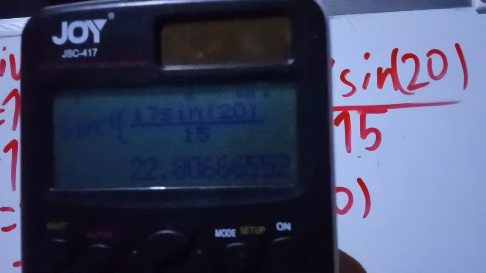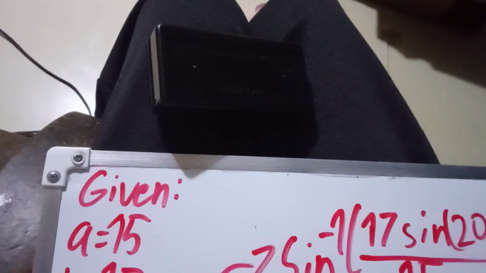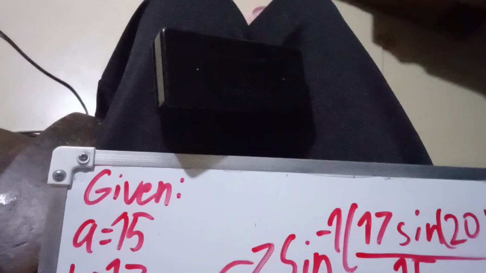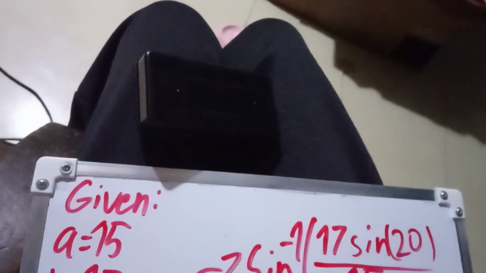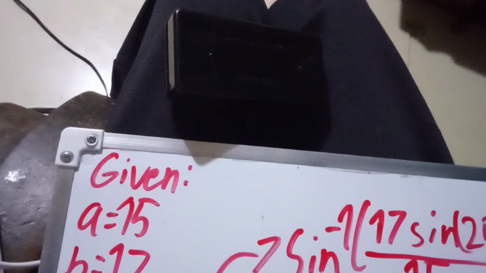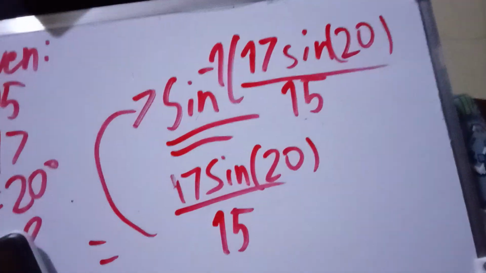It gives us the number 22.80. But it depends on the question. If it asks for the nearest tens, hundreds, or thousands, I'll explain that first before I actually put it.